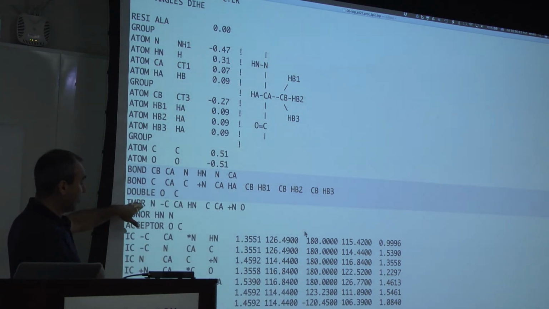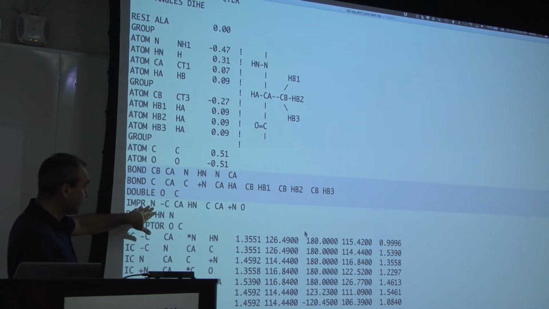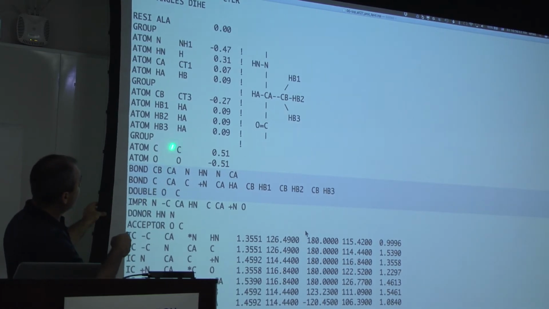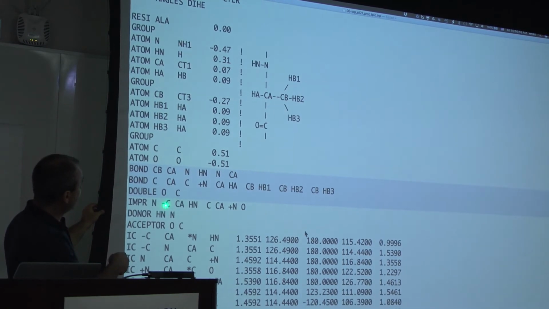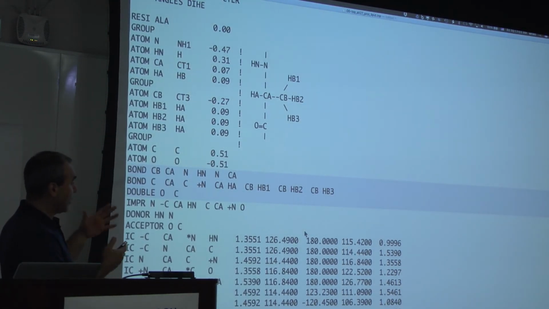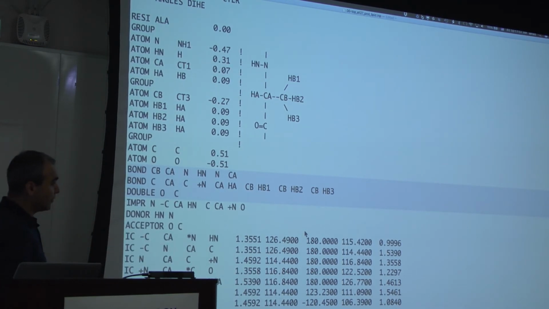So later in the parameter file, we tell the program if you have these 4 atom types, because now we know the nitrogen has what atom type, the carbon has this atom type, Ca has this atom type, etc. So if you have this set of 4 atom types that are specified here, here is the improper potential that you need to use.